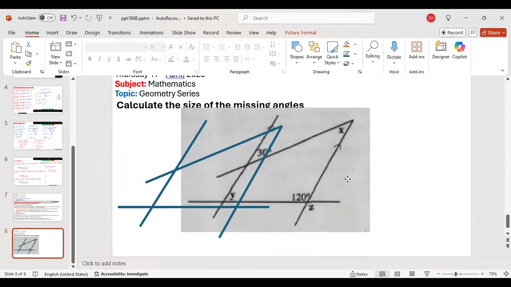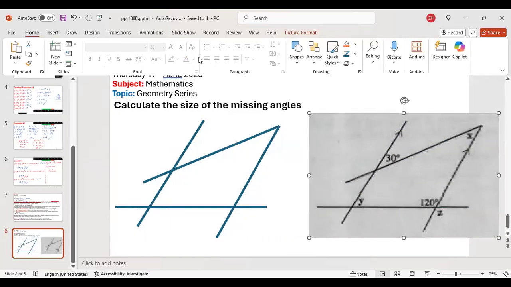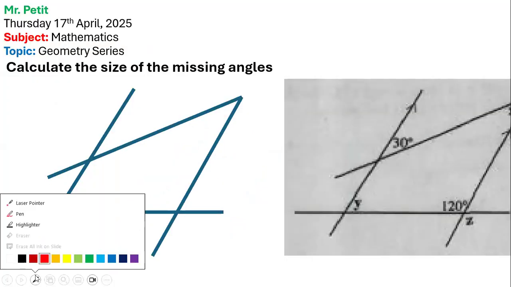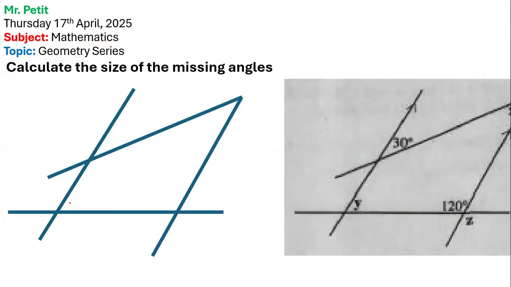Okay, that's good, Cleveland. What I have here, let's say that this is y. Okay, let's say that this is 30 degrees. Let's say that this is 120 degrees right now. So this is 120 degrees scenario.